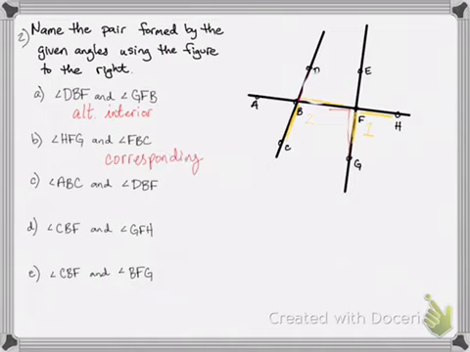All right, up next we got angle ABC and DBF. Oh, cool. Well, those share a vertex, so they're either linear pair or vertical. And I know because they're opposite each other and not adjacent that those are vertical.